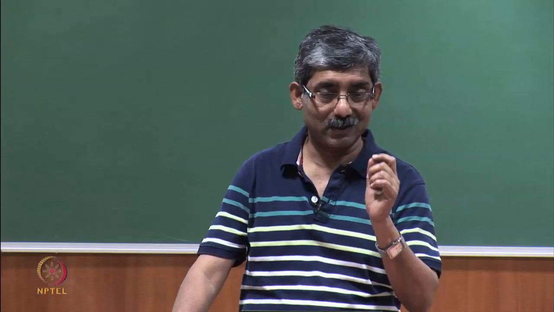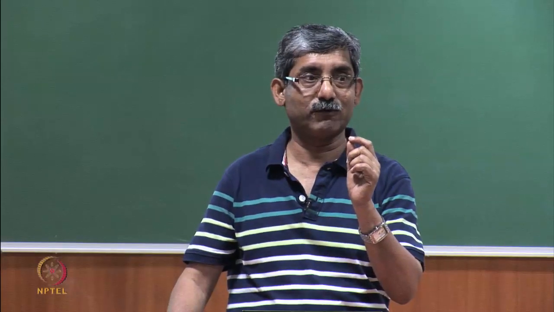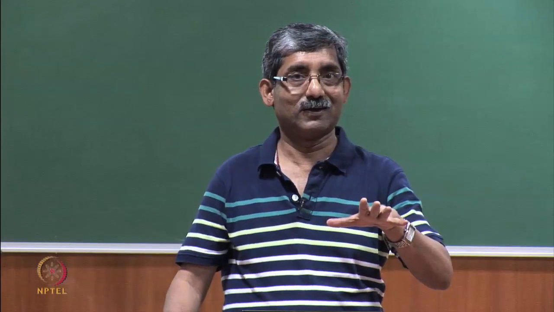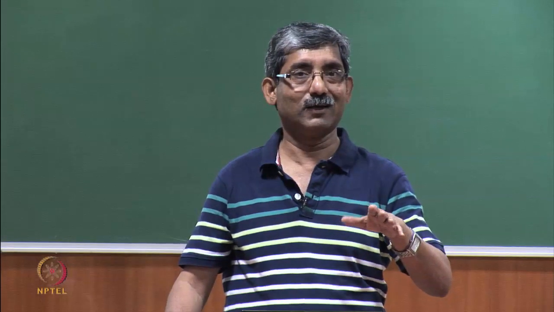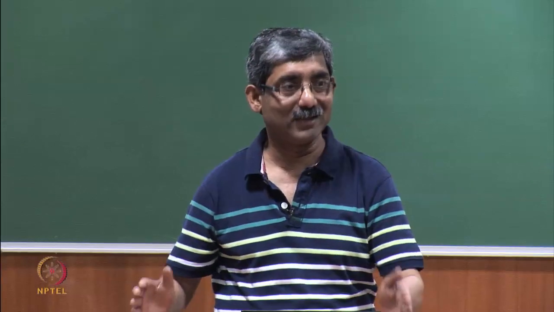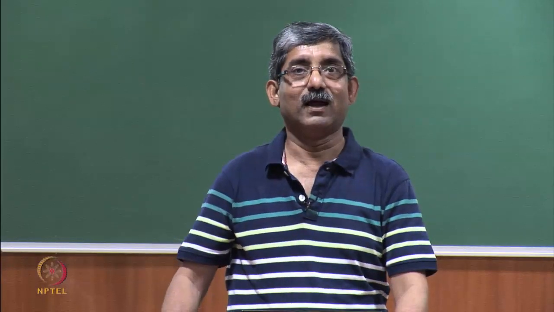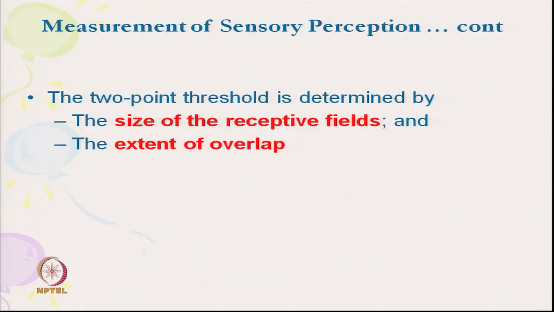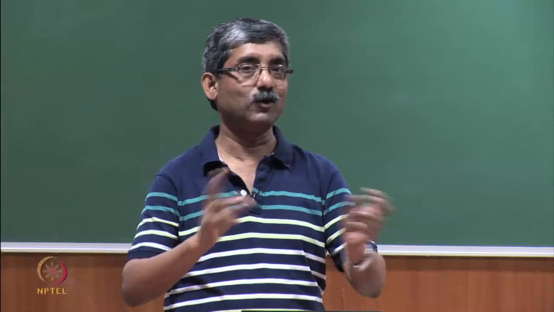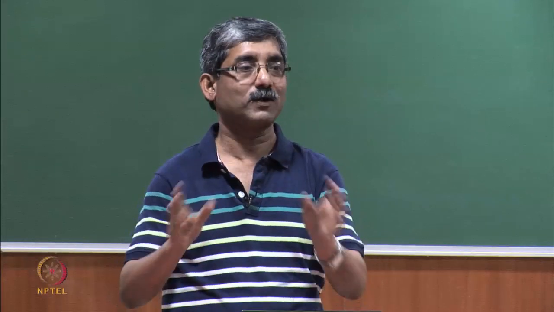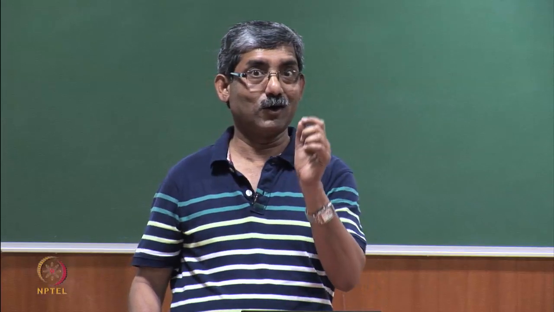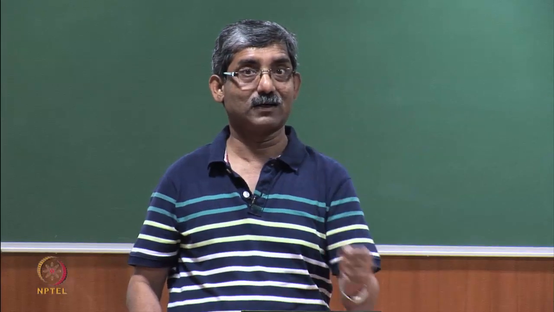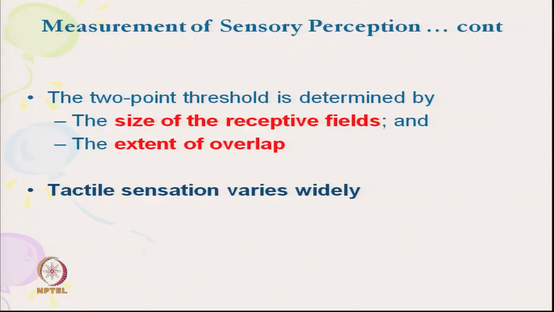If the size of the receptive field is more, that means it will give a higher distance, okay. And the extent of overlap: if overlap is more, it will not be able to give the proper sensation, so it will not be able to discriminate.